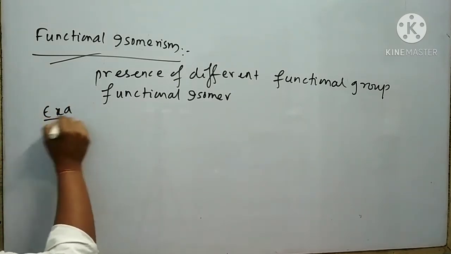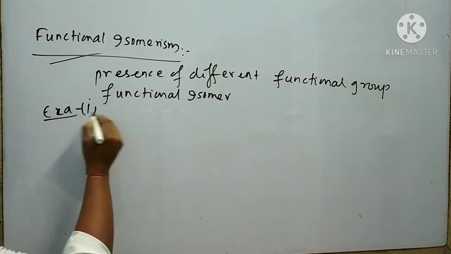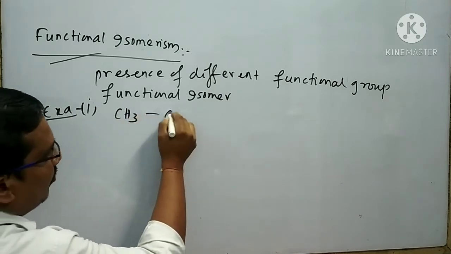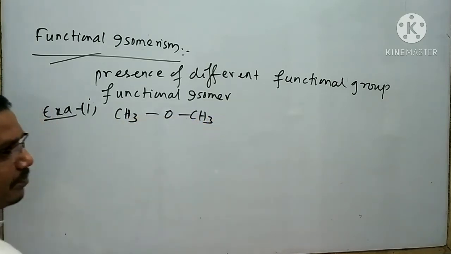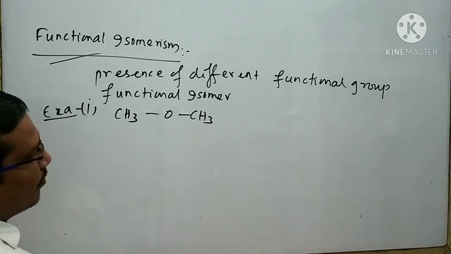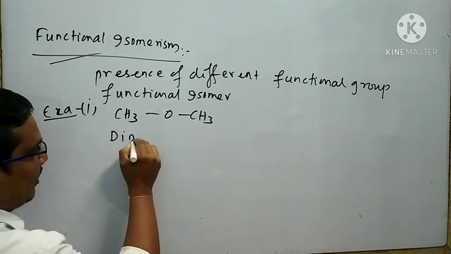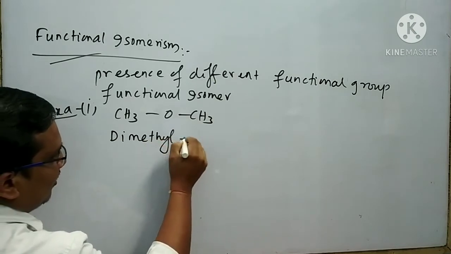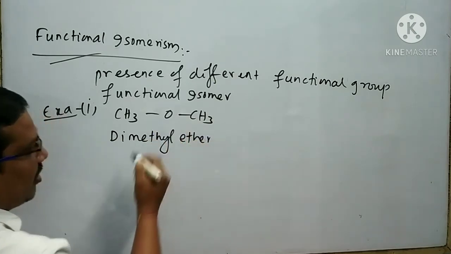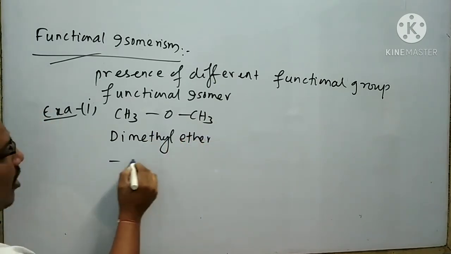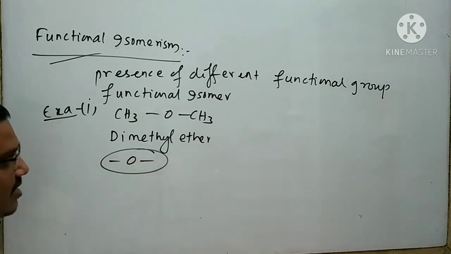Example number 1: CH3 bond O bond CH3. The name of this organic compound is dimethyl ether. Here the ether functional group is present.